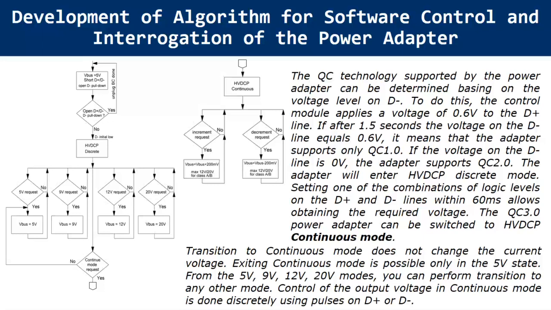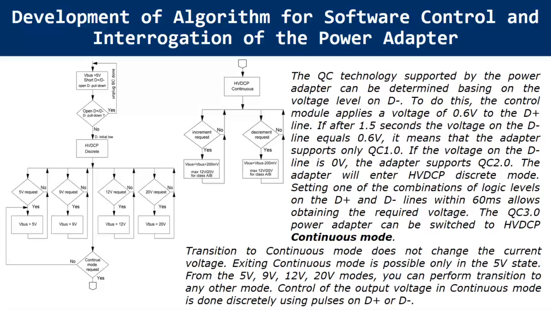If after 1.5 seconds the voltage on the D- line equals 0.6 volt, it means that the adapter supports only QC 1.0. If the voltage on the D- line is 0 volt, the adapter supports QC 2.0.